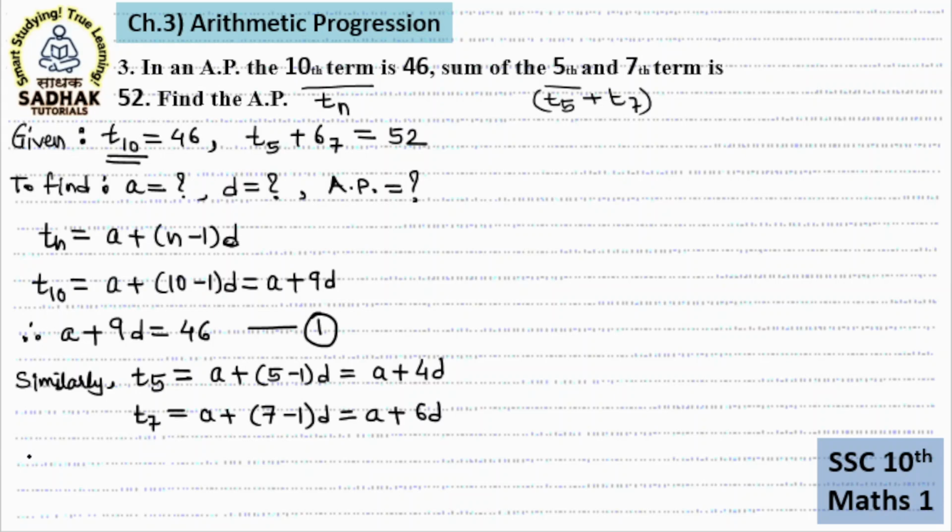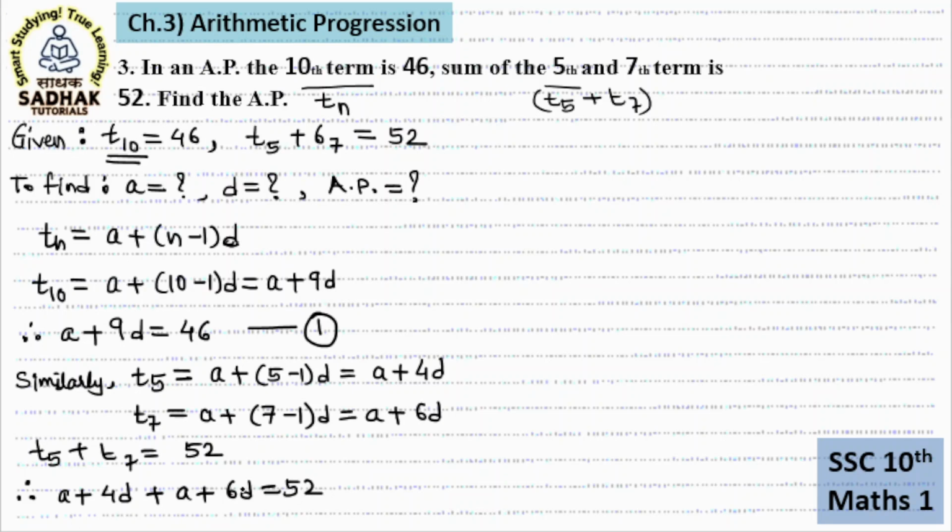From the given condition, T5 plus T7 is equal to 52. So now we can substitute T5 by A plus 4d and T7 by A plus 6d. So that is A plus 4d plus A plus 6d will give us 52.